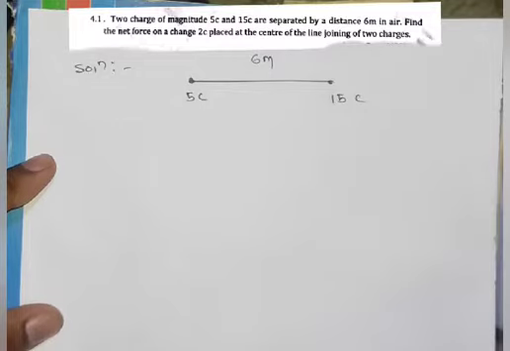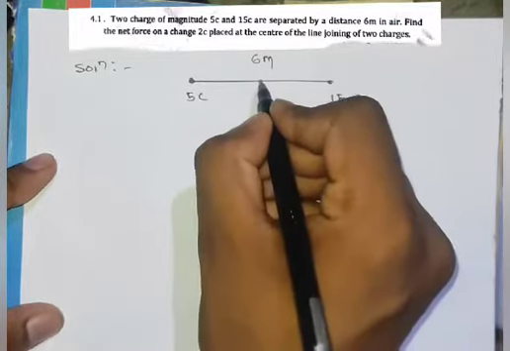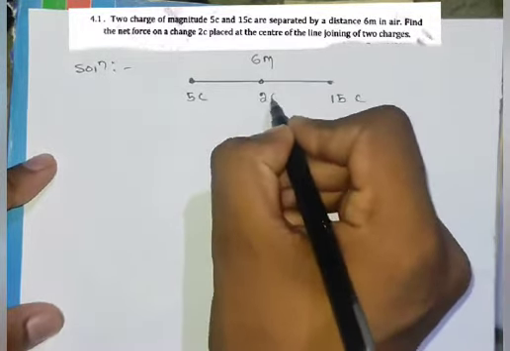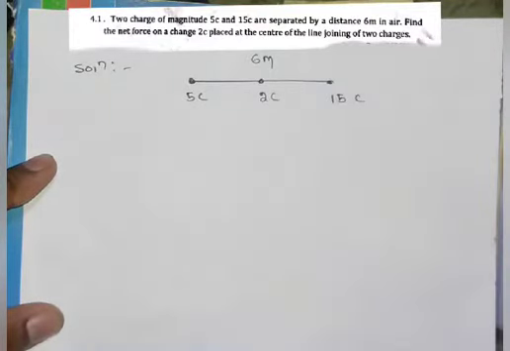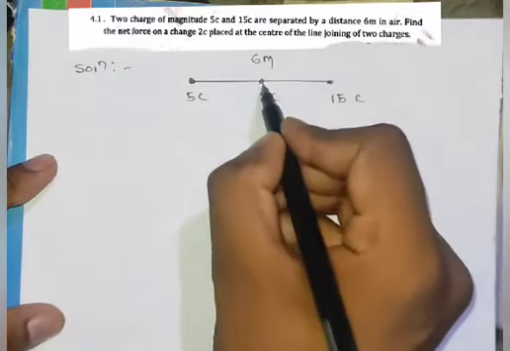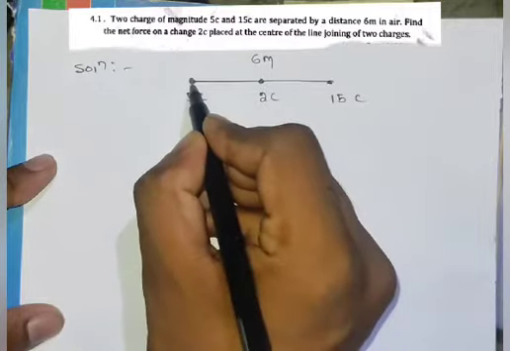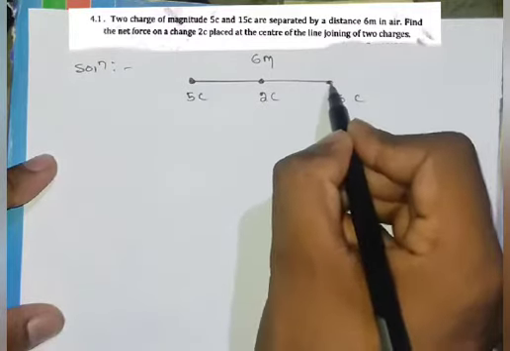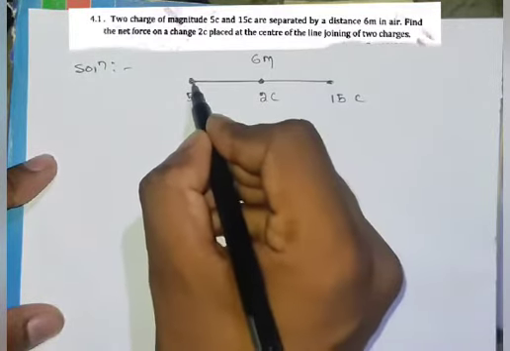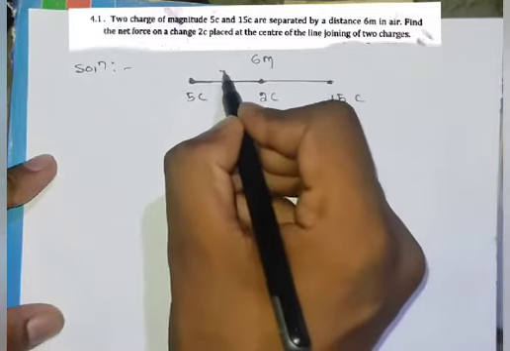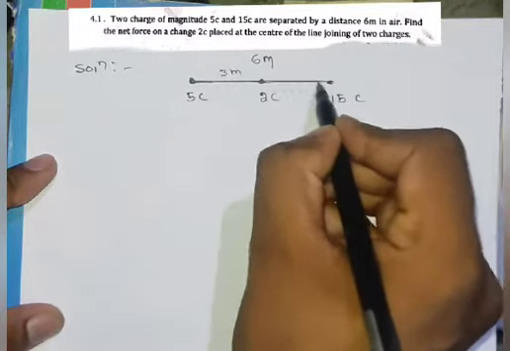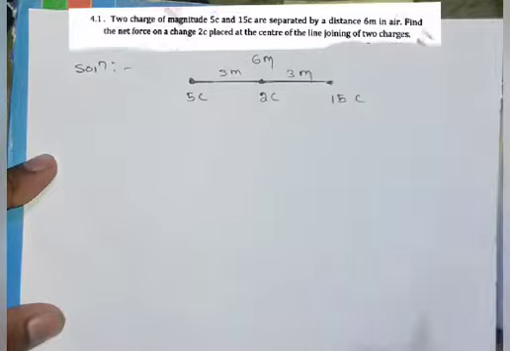Now a charge of 2 coulomb is placed at the center of these two charges, 5 coulomb and 15 coulomb. So this charge is placed at the center of this line. The distance between 5 coulomb and 2 coulomb will be half of this 6 meter, that is 3 meter, and this is also 3 meters.